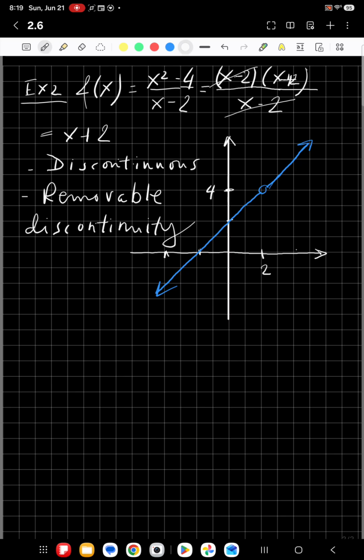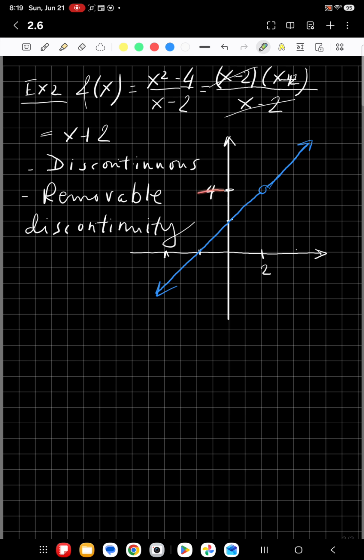Okay, so basically that means that the function can be repaired, the discontinuity can be removed because of the limit. Right, so you see that if I'm going towards that 2 from the right, my y values are approaching 4. Doesn't matter.